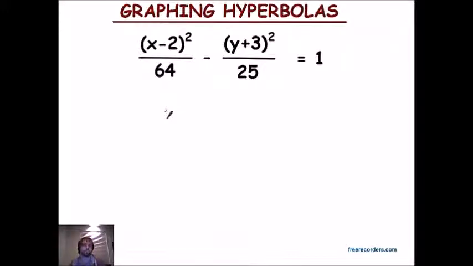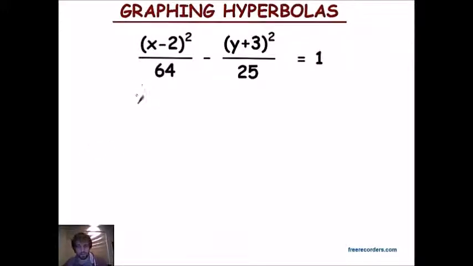Is it going to open up and down if the y is dominant, or left to right if the x is dominant? So let's take a look at this one. In this case, because the x is the lead, this is going to be our main vertices, so we're going to open left to right here.